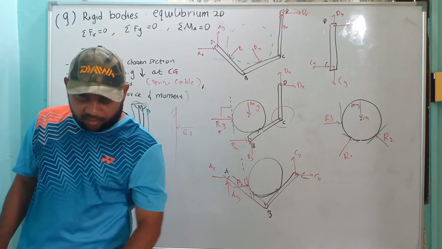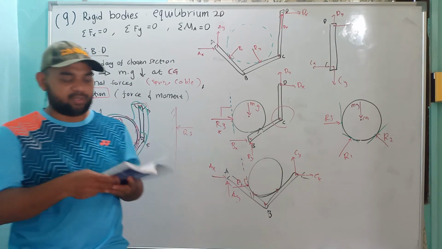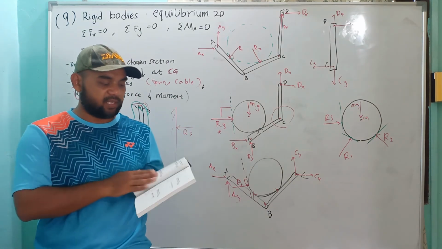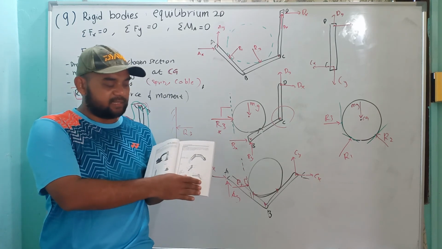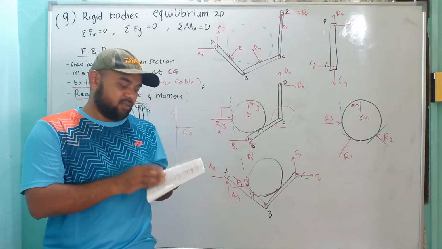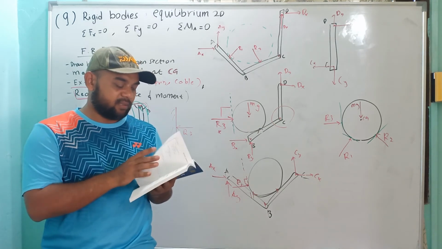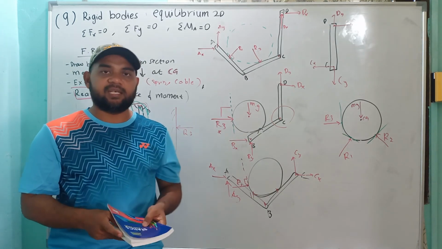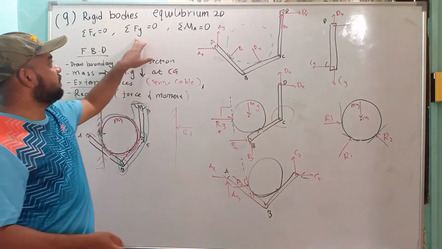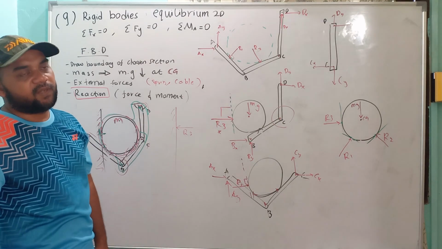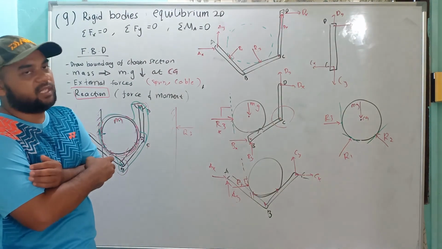Okay, so I hope you can understand how to draw the free body diagram. There are a lot of examples in your book, so you can go on and try to draw this one. You also have some examples with answers already, so you can go on and try that one. Later on we go to the exercise to see how to solve problems involving free body and equilibrium in 2D.